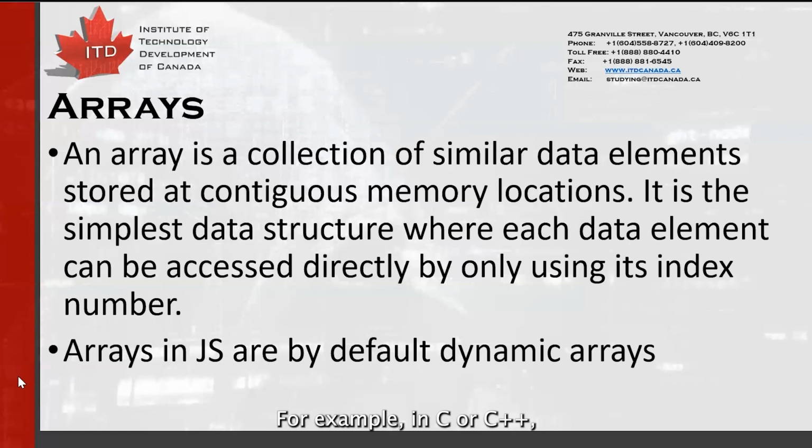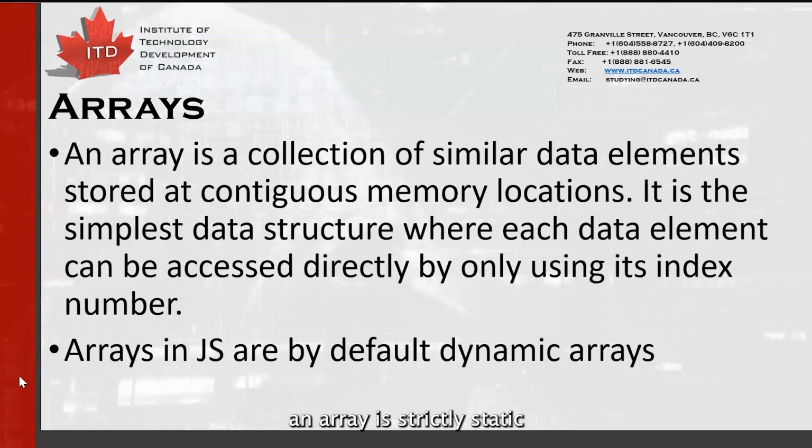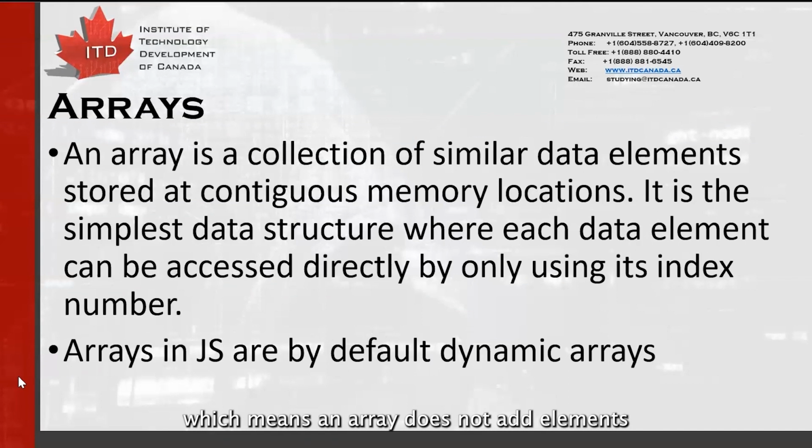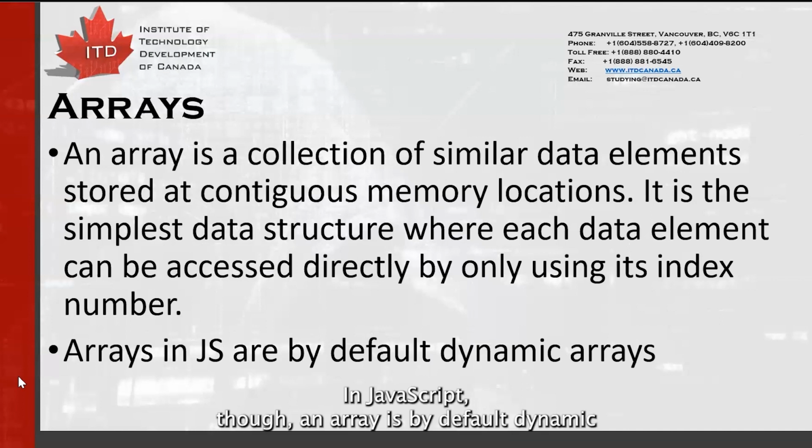For example, in C or C++, an array is strictly static, which means an array does not add elements or remove elements. In JavaScript, though, an array is by default dynamic.